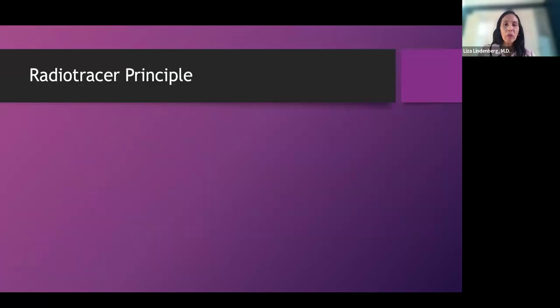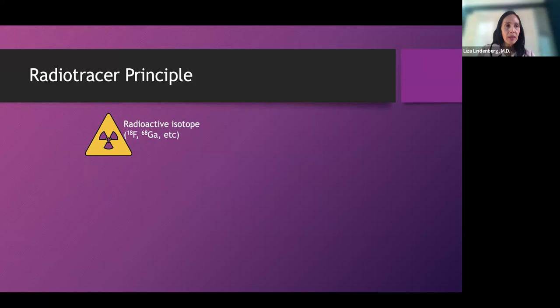So what we do with PET is we use the radiotracer principle. A radionuclide, which is typically something like F18 or gallium-68, is combined with a targeting vector, which is the binding molecule.